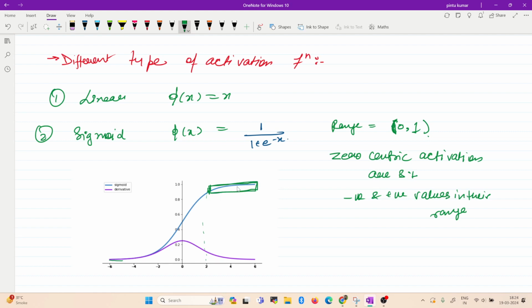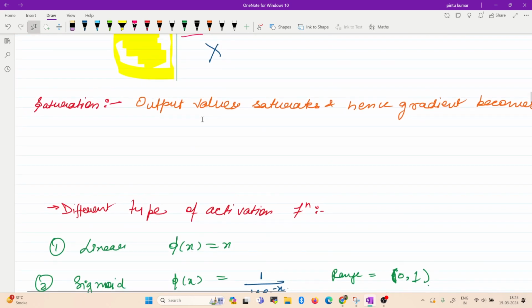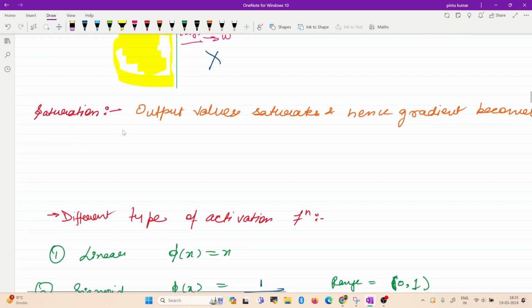Hence the gradient in this range would be very small. Similarly over here, the gradient would be very small. This phenomenon is known as saturation, and it is a very common problem with the sigmoid activation function. So this is another thing that I wanted to mention.